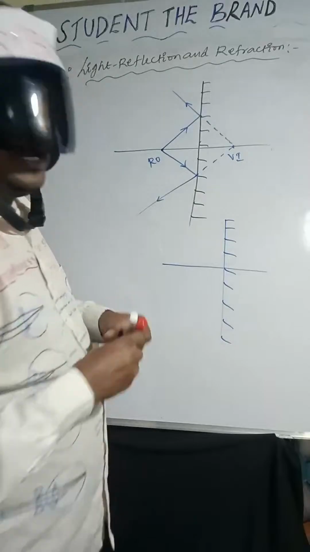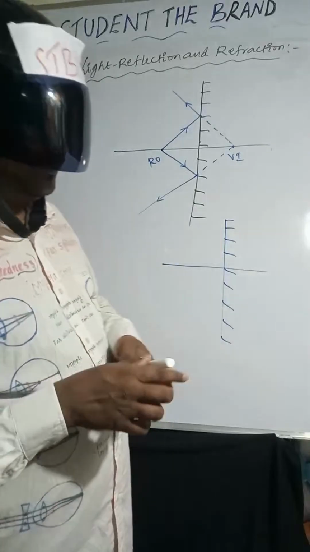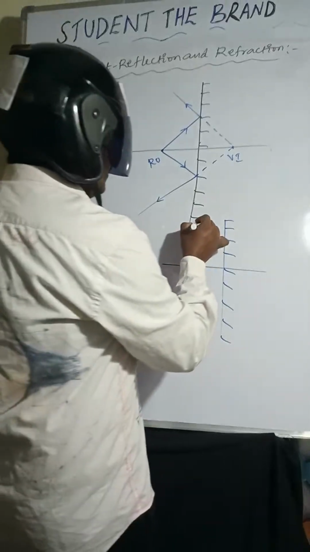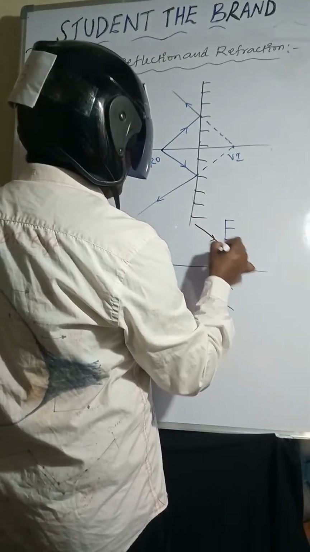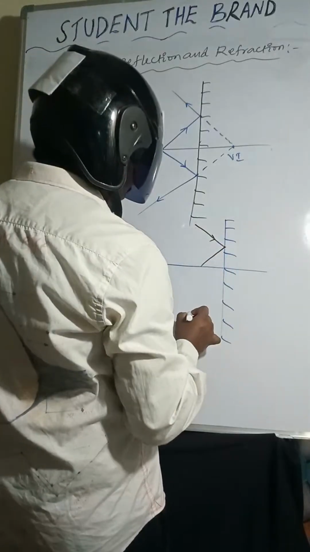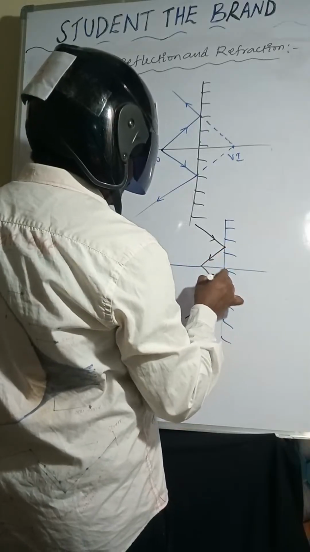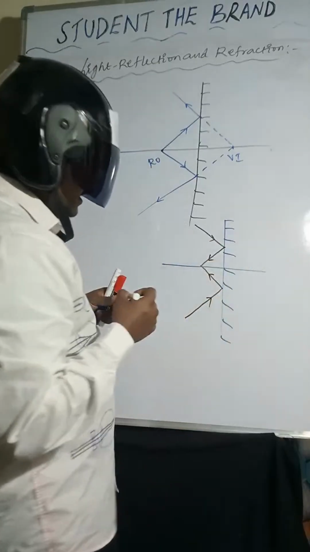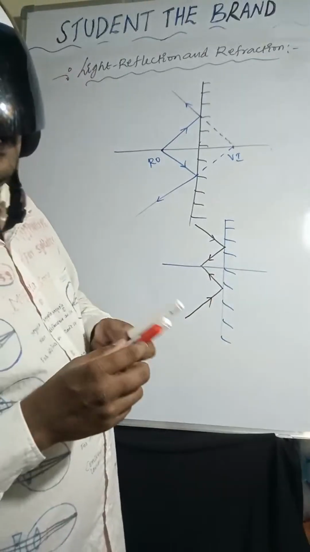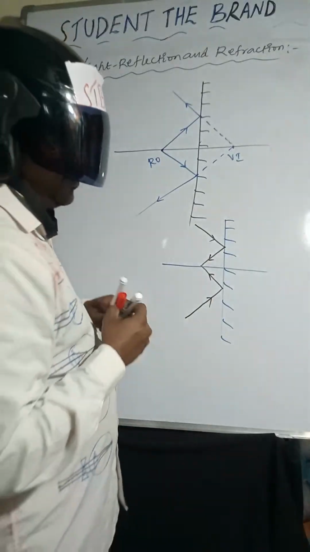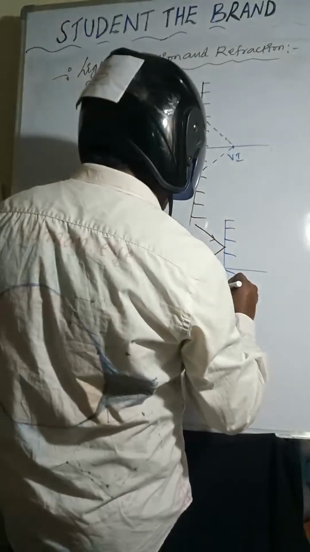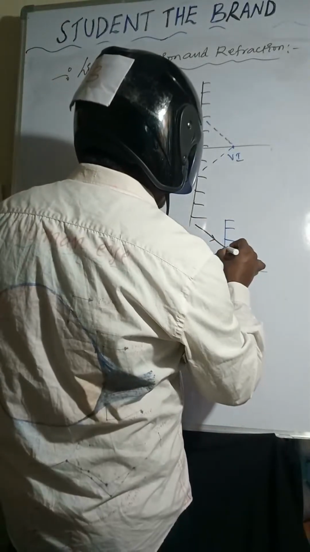Okay. So light rays are coming from infinity. Light rays I am taking like this. After reflection, those light rays are meeting at one point here. If you are extending the light rays, those light rays are meeting at one point here. You can see those light rays are meeting at one point here.